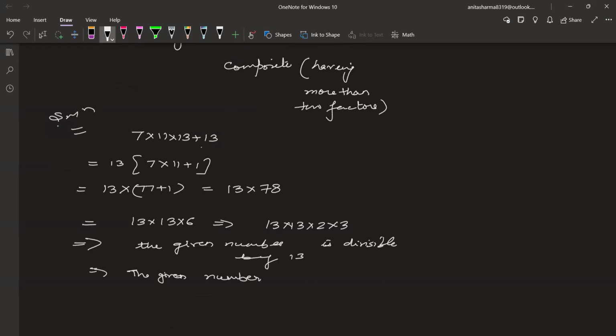That 13 lies in both the terms. One term is 7 into 11 into 13, and the second term is 13 only. So you will take 13 common. Then you have to show that the given result, or you can say the given product, has more than 2 factors. That's it. So this implies the given number has more than 2 factors, right?